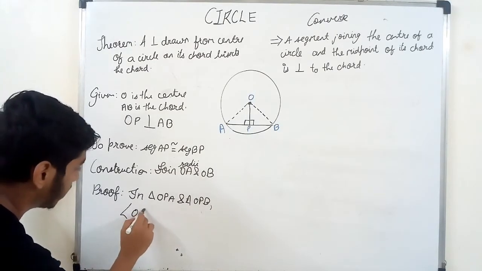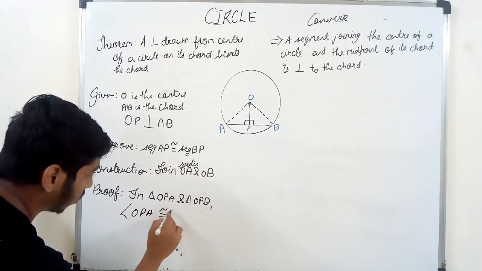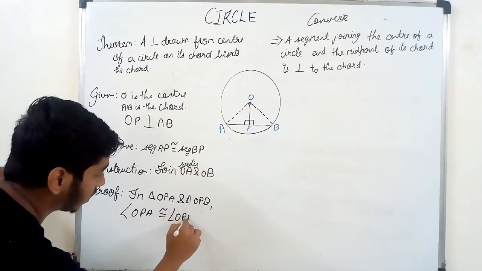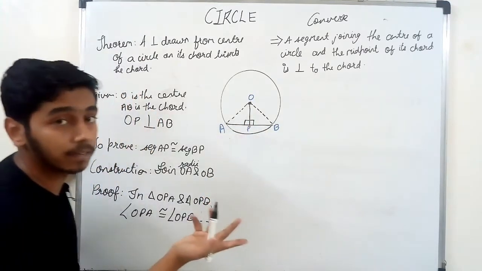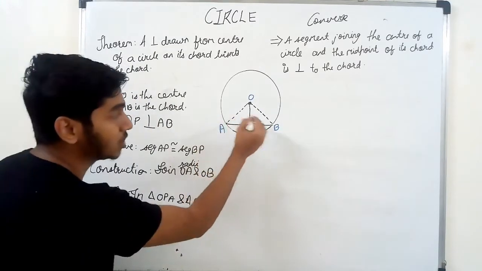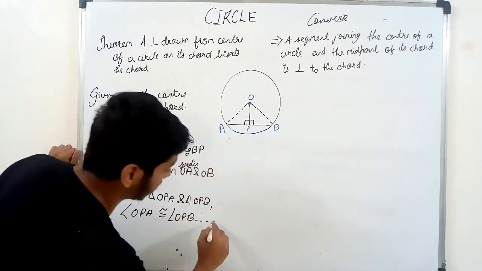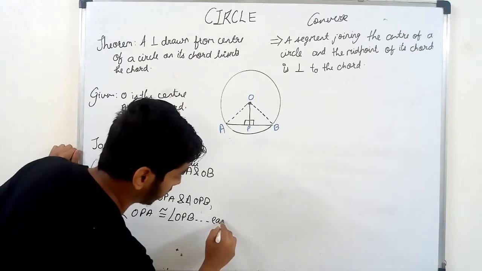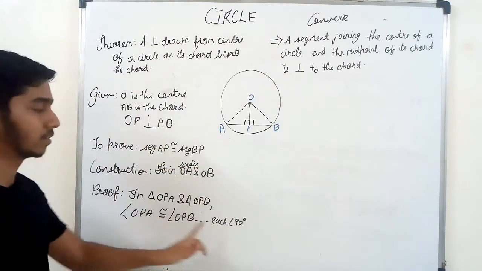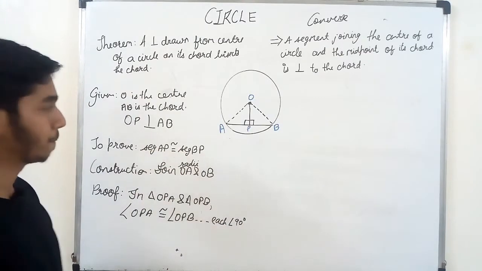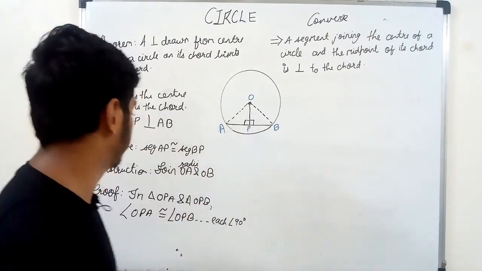Angle OPA is congruent to angle OPB. Reason: because both are 90 degrees. Each of them is 90 degrees. Therefore, we'll say each angle is 90 degrees. So we get this.